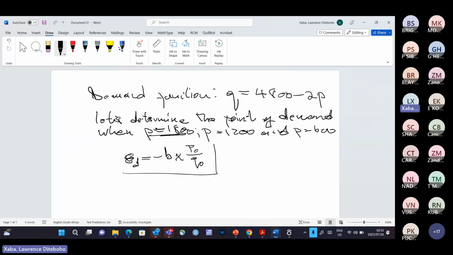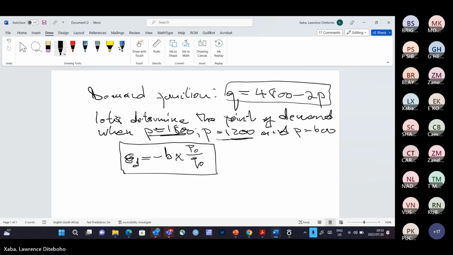The first thing, if you look at this information, is that we're given the value of P, but we don't know the actual value of Q. So for us to be able to substitute into the given formula of price elasticity of demand, first we'll have to use the given demand function so we can have the value of Q. So we say Q equals 4,800 minus 2P.